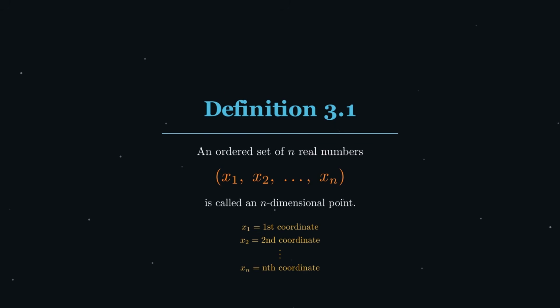The second number, x2, is your second coordinate, and so on. And the set of all possible n-dimensional points, the collection of every single ordered list of n real numbers you could ever write, that enormous world is called n-dimensional Euclidean space, and we write it as Rn.